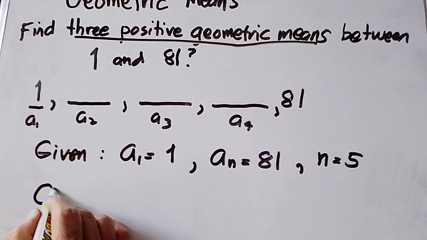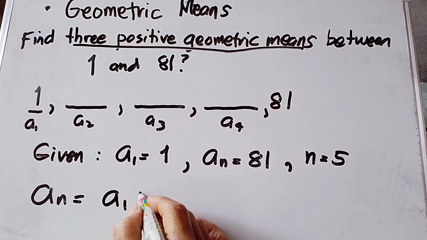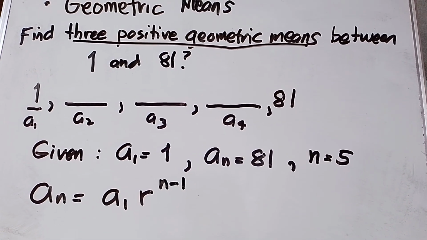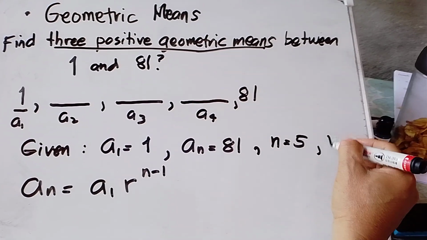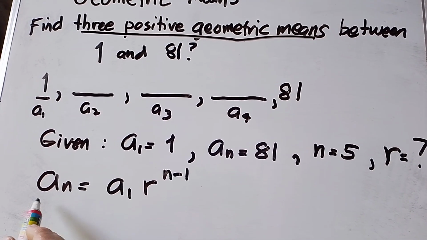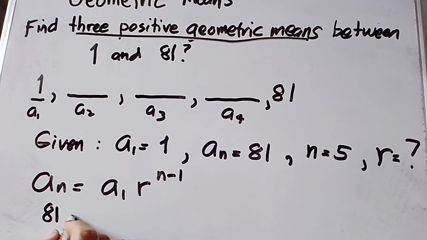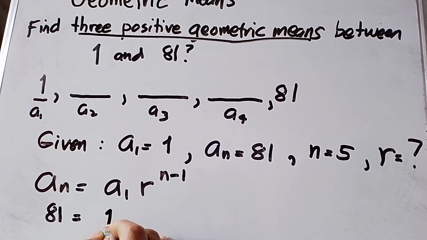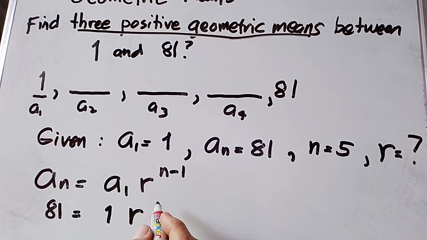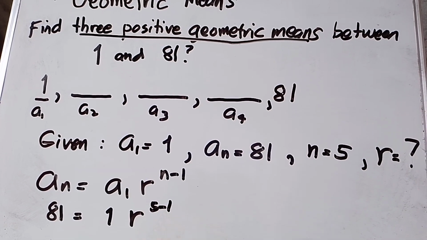So our formula is a sub n is equal to a1 times r raised to the power of n minus 1. But the problem here is we don't have r, the common ratio. Let us substitute in this formula. So a sub n, which is 81, is equal to a1, which is 1, times r raised to the power of n, which is 5 minus 1.